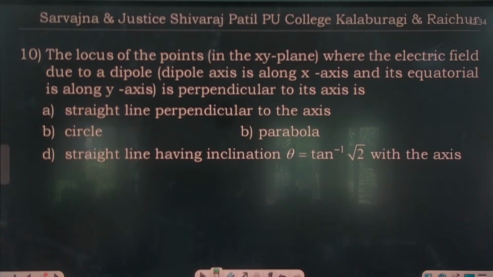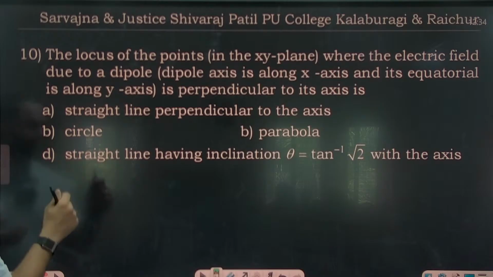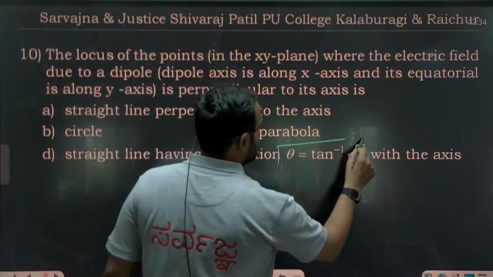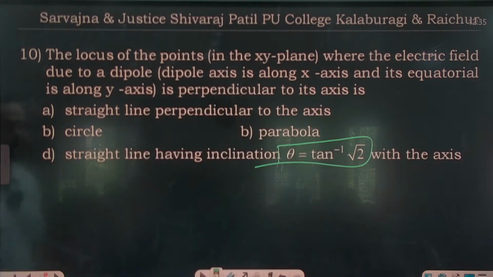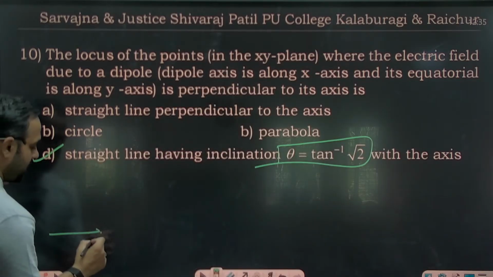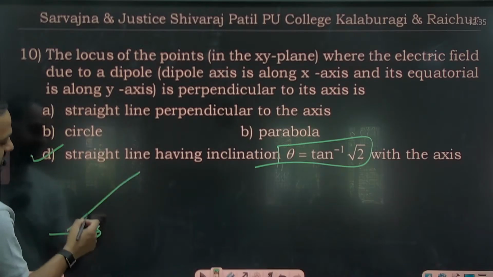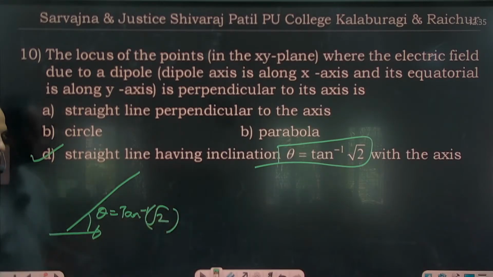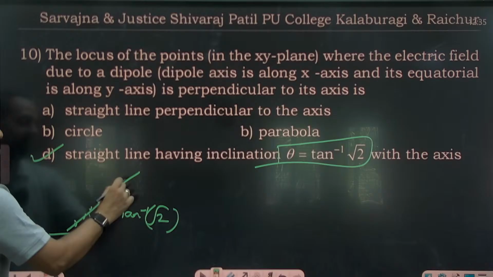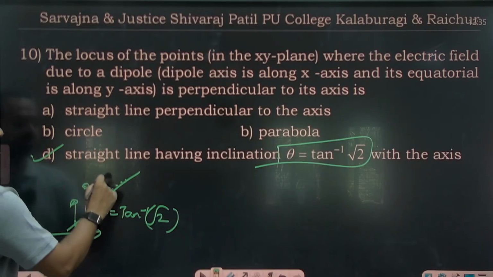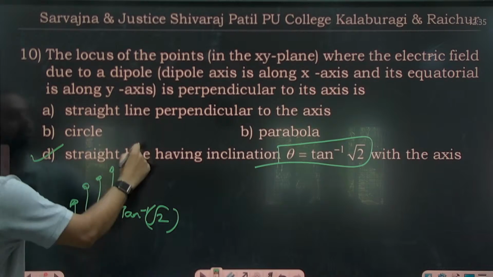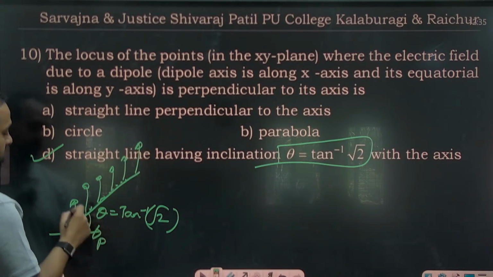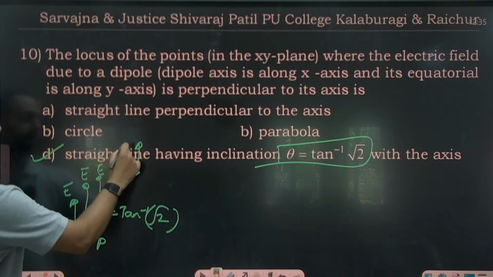At which points from the dipole is the electric field perpendicular? The angle is tan inverse of root 2, and it forms a straight line. For all of these points the electric field is perpendicular to the dipole.